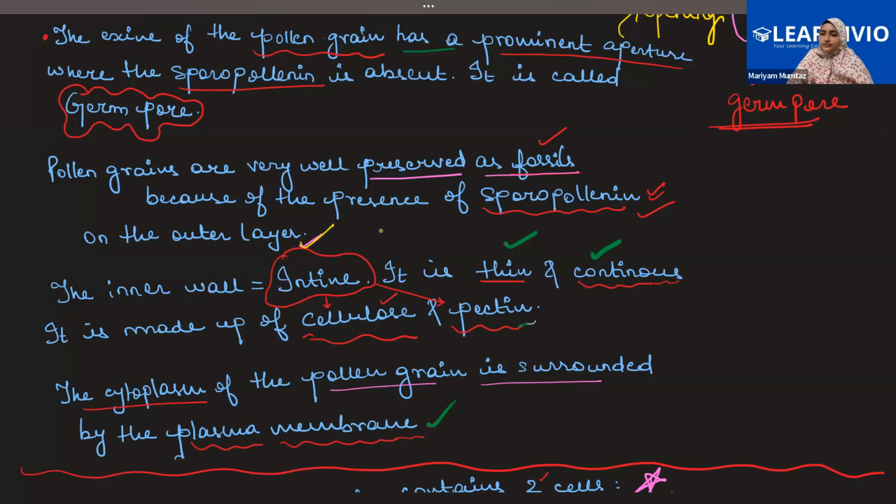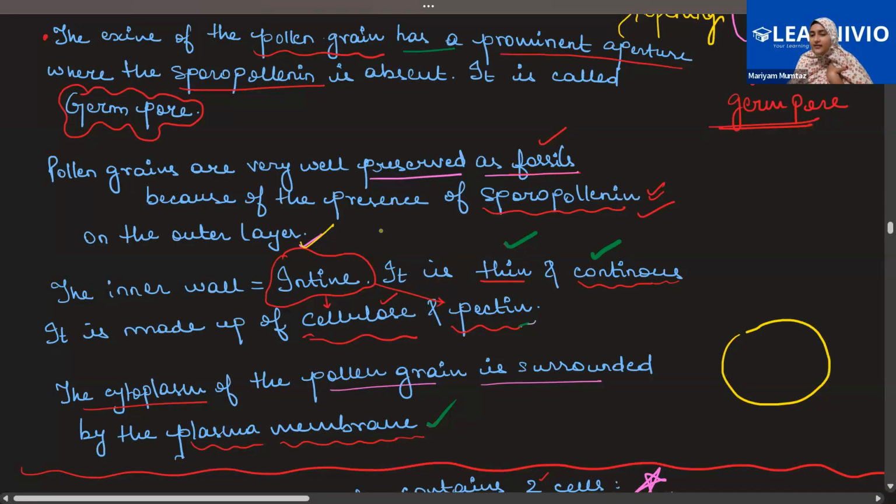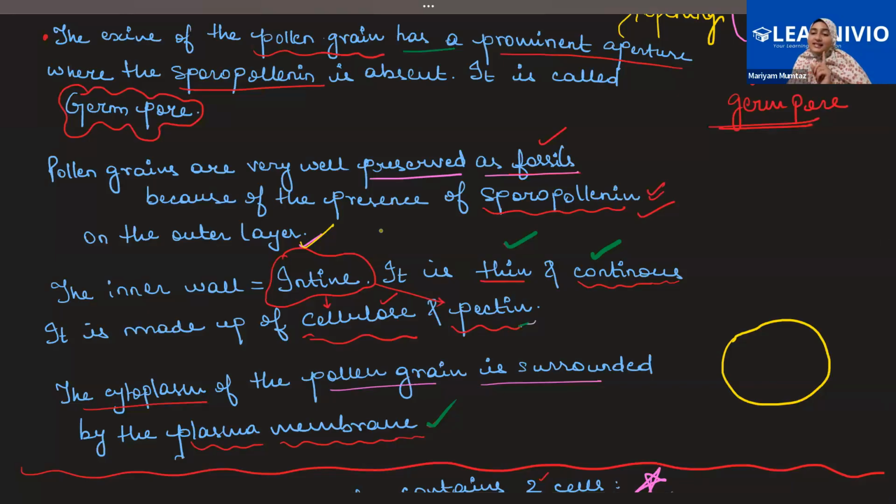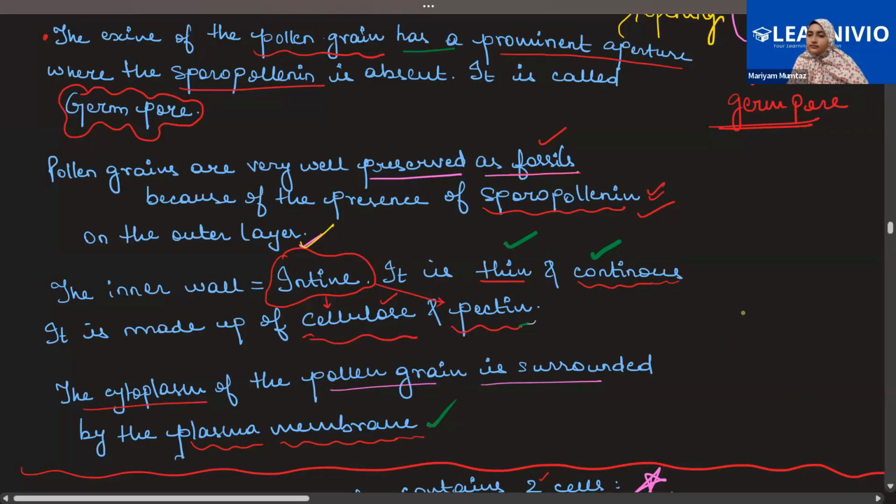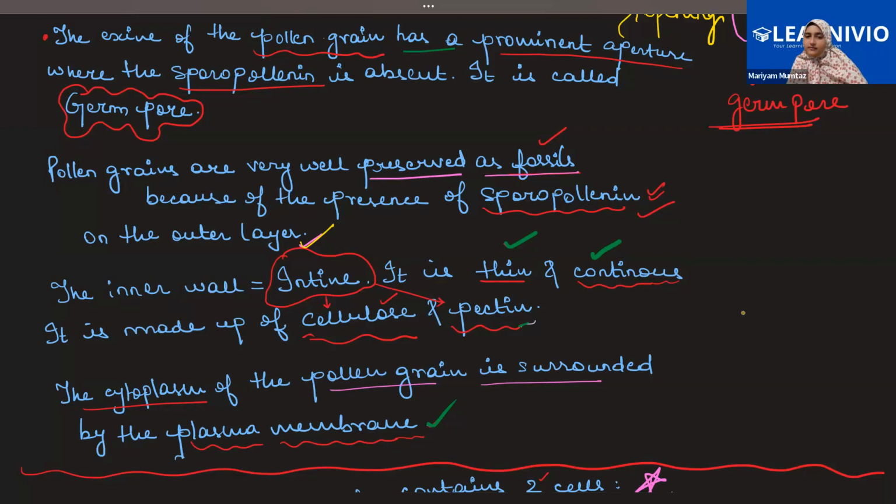My question is, continuous means the layer is continuously present. So why is the layer not continuously present? Think. Because it has sporopollenin. Sporopollenin is what the layer is made up of.